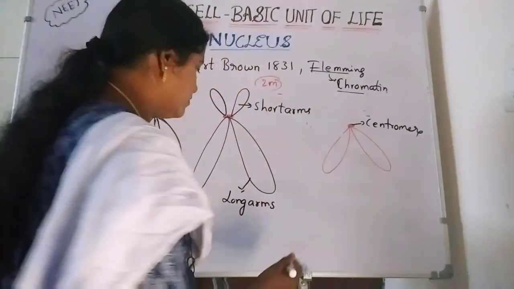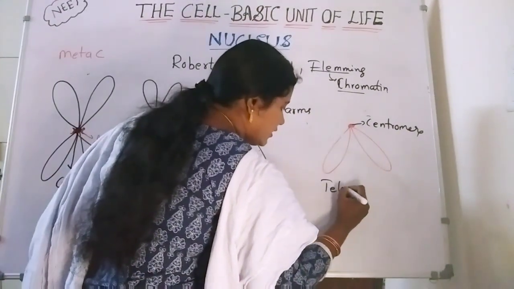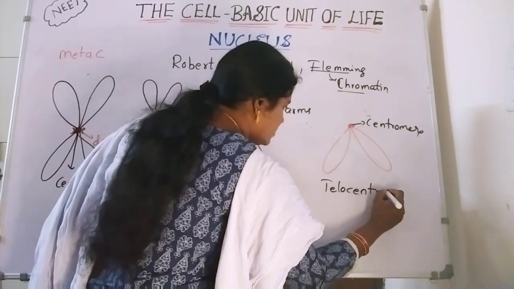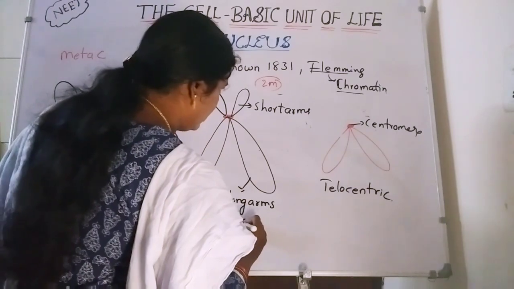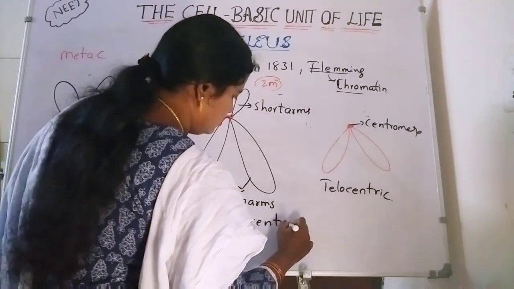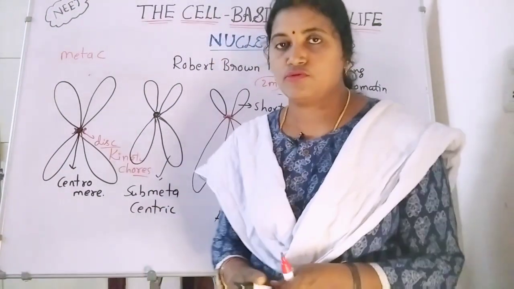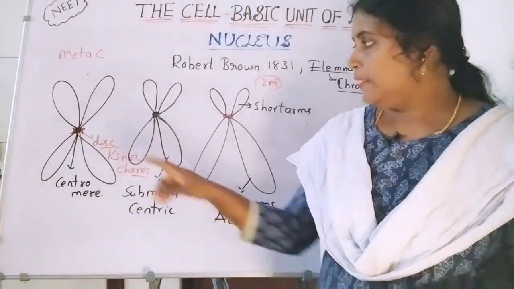This type of chromosome is known as telocentric, and this is acrocentric. So these are the 4 types of chromosomes based on the position of the centromere.